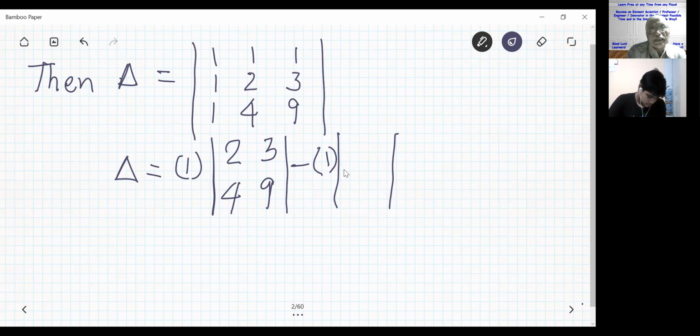Write the remaining numbers as they are looking right now. 1, 1, 3, 9. If it is column wise, 1, 1 we write in the first column, 3, 9 in the second column. Next is a plus. Then write the number in the first row, third column, which is again 1.